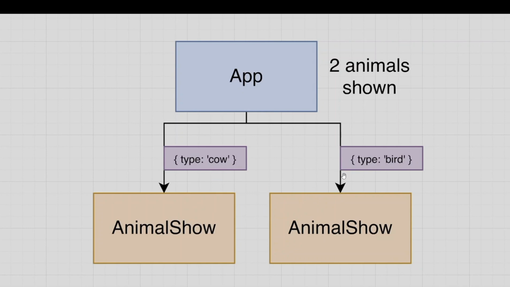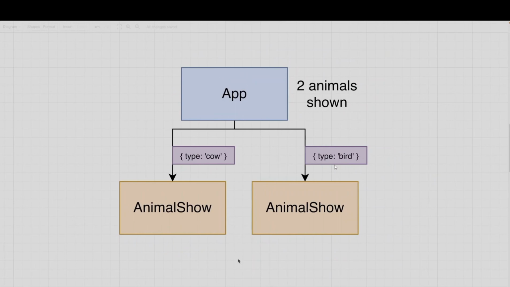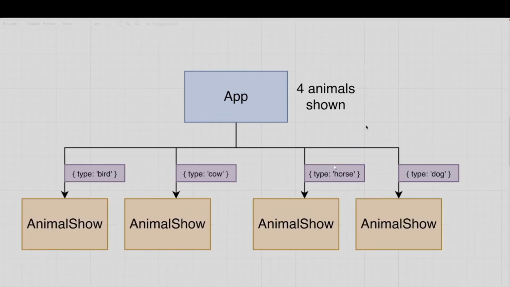And this will change every time the user tries to render the AnimalShow component by clicking the add animal button. If the user clicks the add animal button 4 times, we will have 4 child components, each one with a different type prop, which will show bird, cow, horse, etc. And we need to do all this by props.